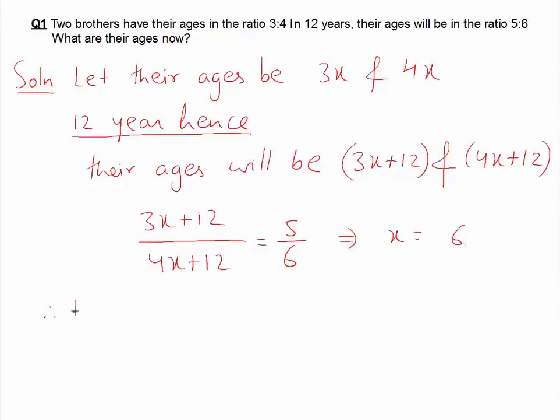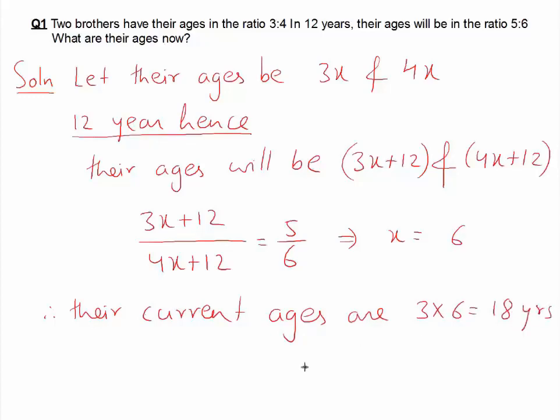So therefore their current ages are 3x, which is 3 into 6, which is 18 years, and 4x, which is 4 into 6, which is 24 years. So these are their current ages.